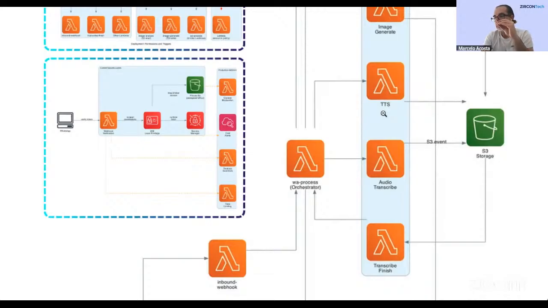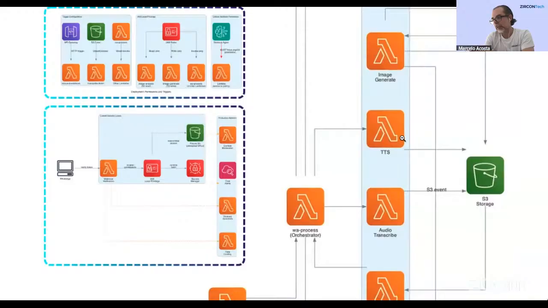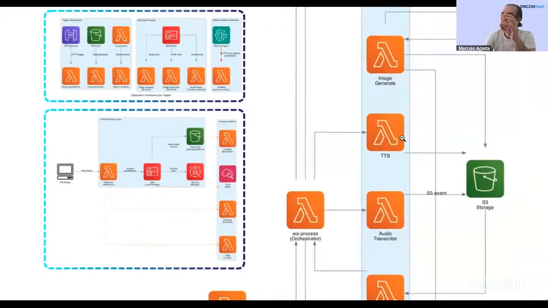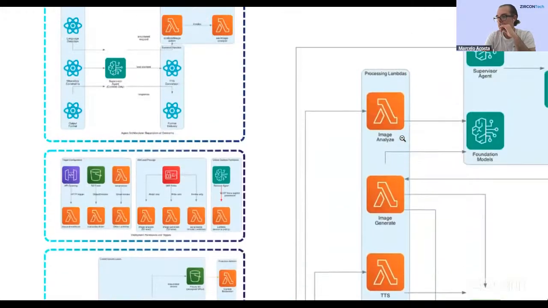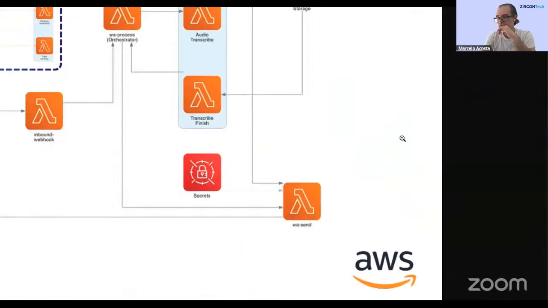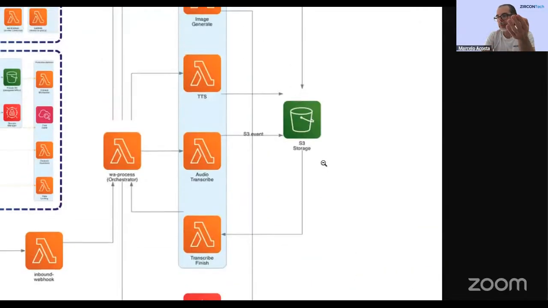If it is text to speech, because it needs to generate this speech using this other service called Polly, it calls this other Lambda that generates this audio that gets stored in this bucket and then is sent through WhatsApp to the user with a function that we have here that is taking care of all the messages that are being sent.